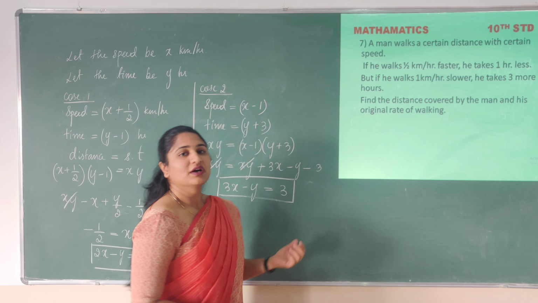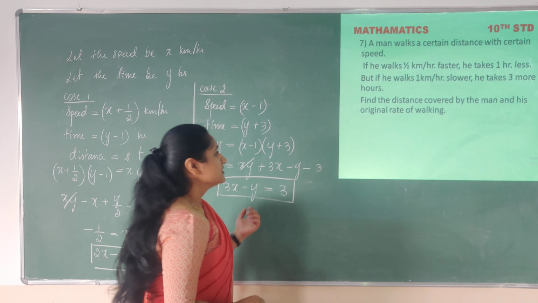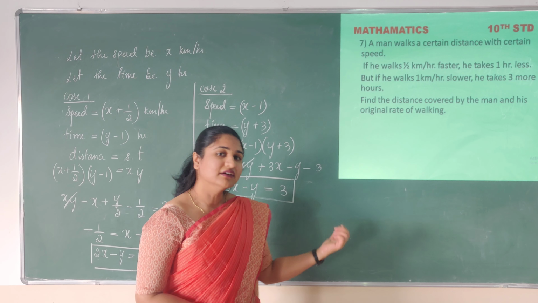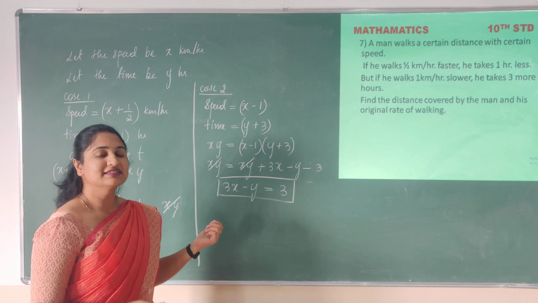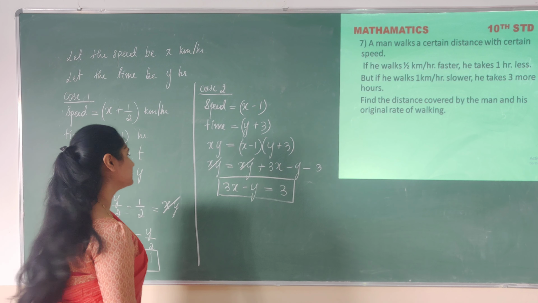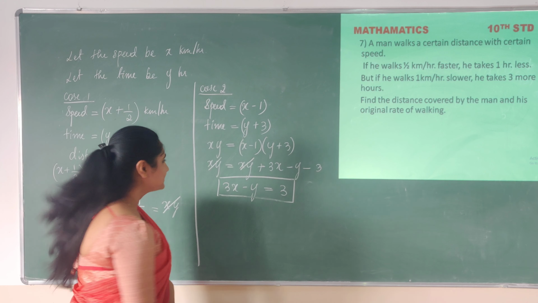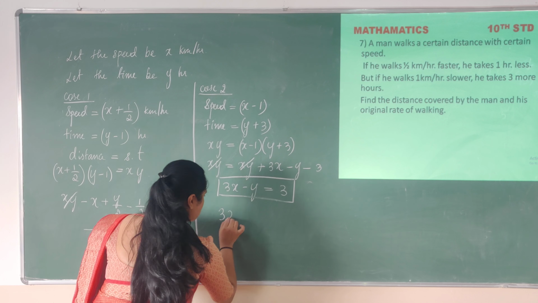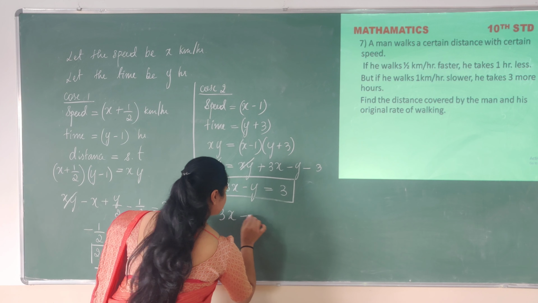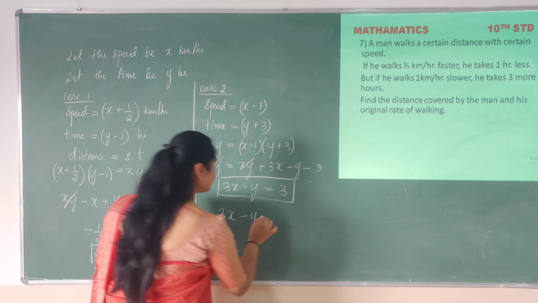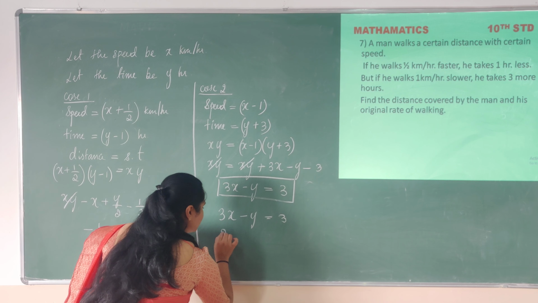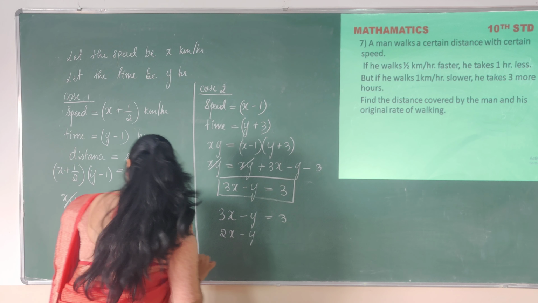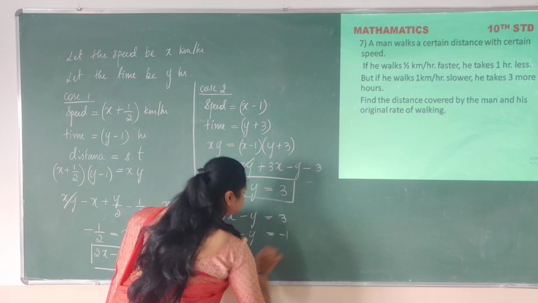So equation 1 and equation 2 we already got. In pair of linear equations we have learned that we can solve by substitution method, or by elimination method also. Elimination method is easier, so we'll solve by elimination method. That is 3x minus y equals 3, and the other equation is 2x minus y equals minus 1.